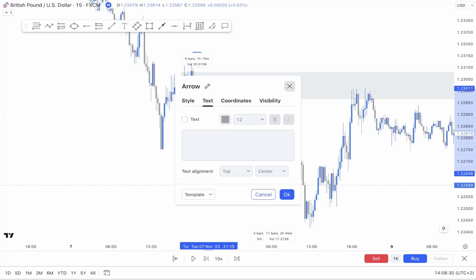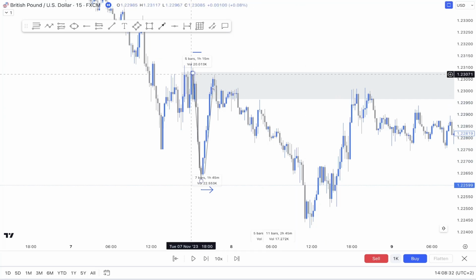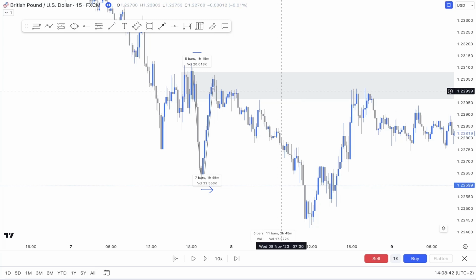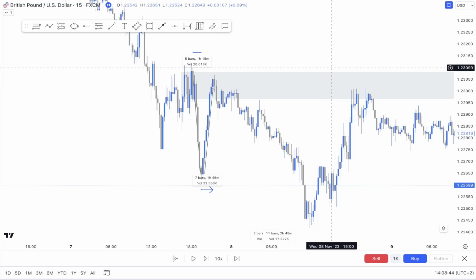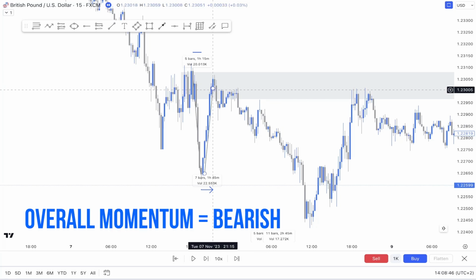So knowing this, that price took 5 candles to travel from here all the way down here, and then it took 7 candles to travel from here towards this point of interest, we can determine that the overall momentum right here is bearish.